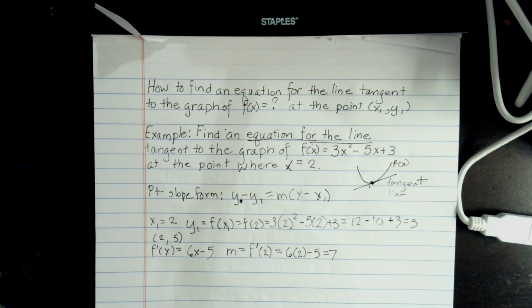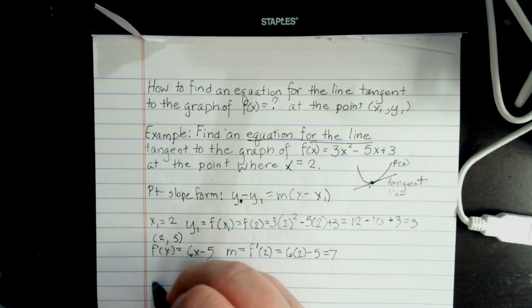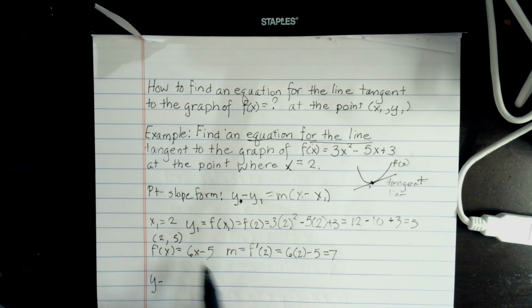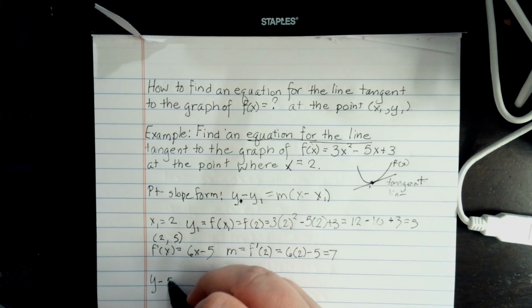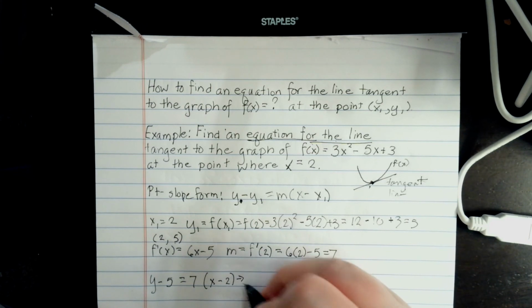We've got all the information we need now. Going back to our point-slope form, what we're going to have for our equation is y minus y1 is equal to the slope times x minus x1. Alright, we can clean this up a little bit.